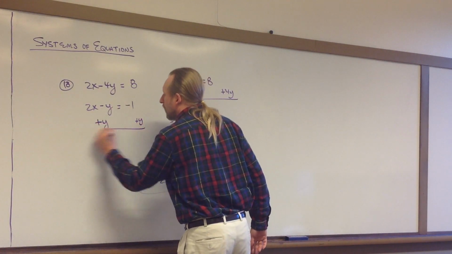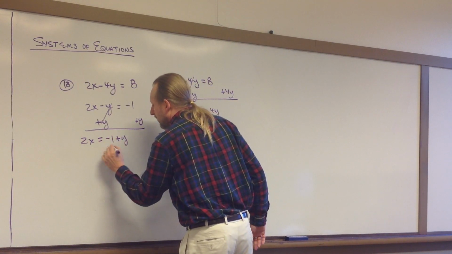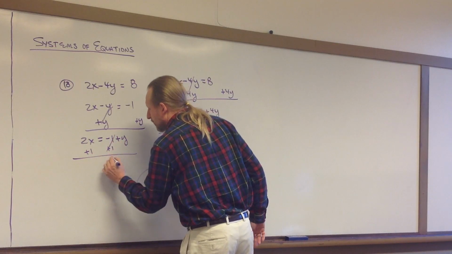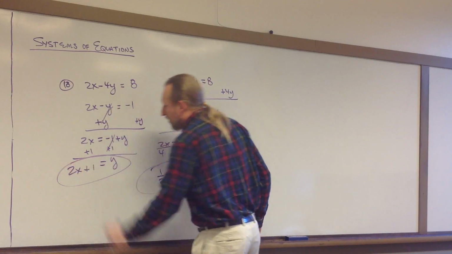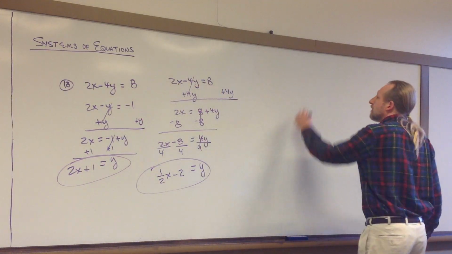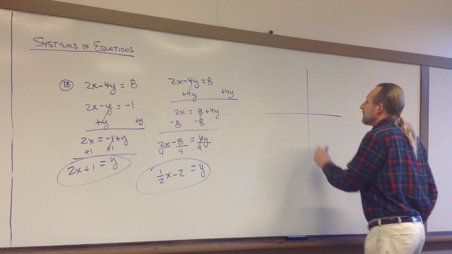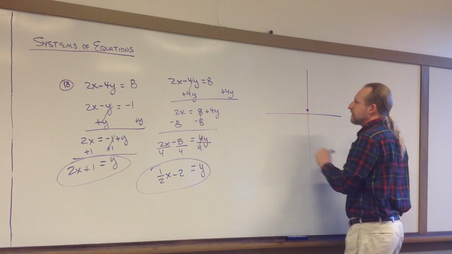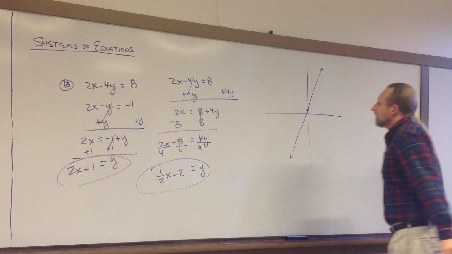I'm going to add the y over and then add 1 to put it back with the x. So there's the second line. Okay? So 2x plus 1, there's our y-intercept at 0, 1, and a slope of 2 is going to look something like that.